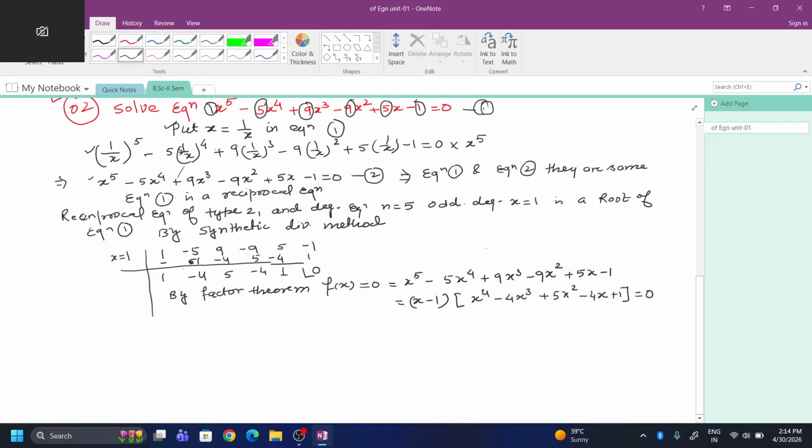That is, this is your coefficient of x to the power 4, this is coefficient of x cube, this is coefficient of x square, x, and it is your constant term.